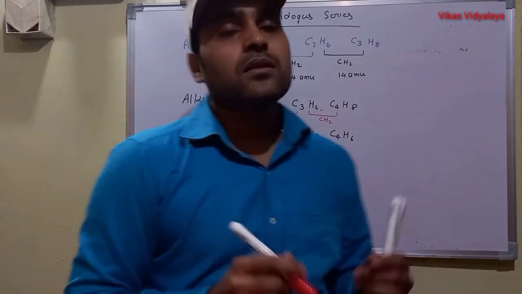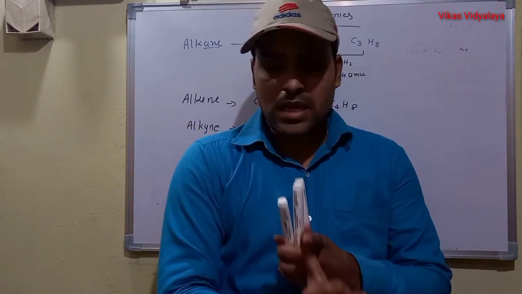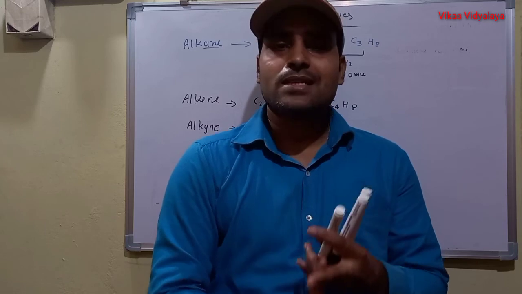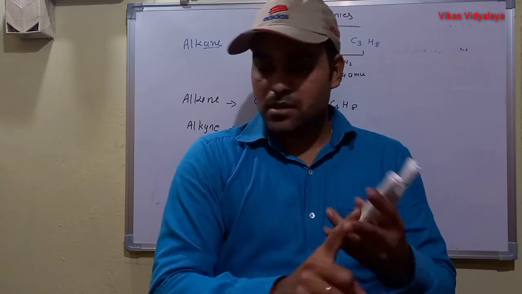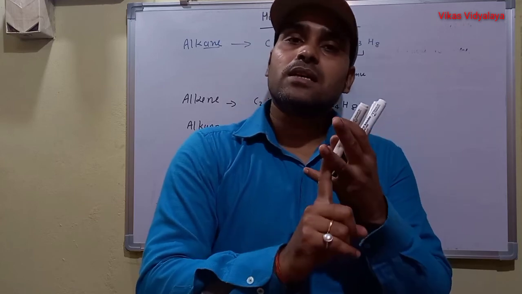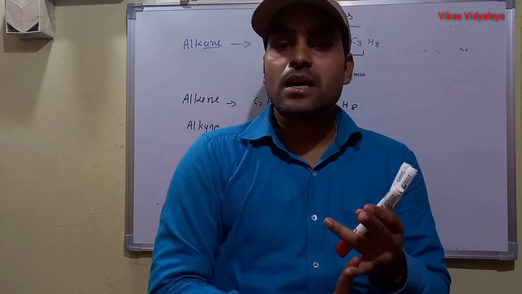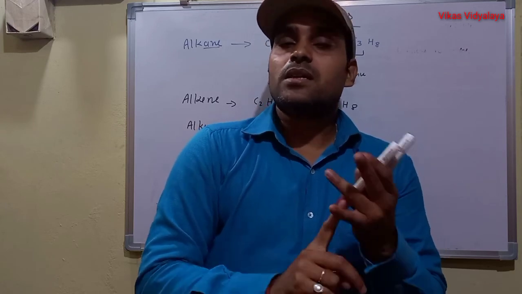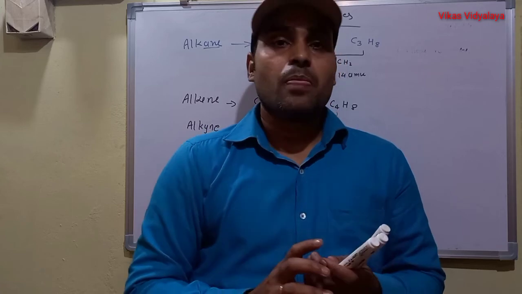So what will you write as the characteristics? First, it will follow the same molecular formula. Second, it will have similar chemical properties. Third, there is a difference of CH2 between two consecutive members. And fourth, there is a difference of 14 AMU molecular mass between two consecutive members.